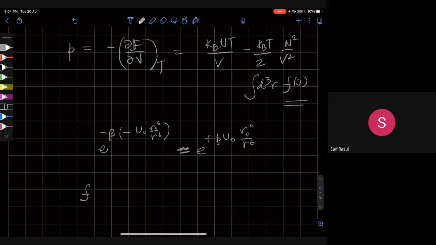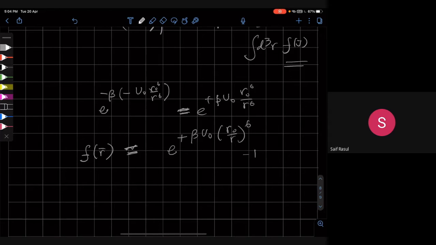And then if I look at the Mayer f function, we can expand this as e^(beta u naught r naught^6/r^6) minus 1.